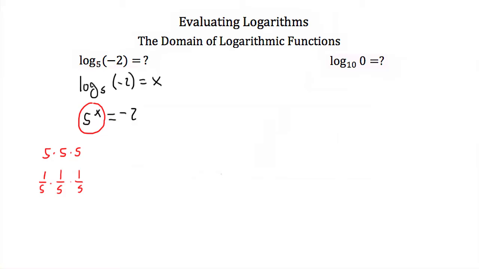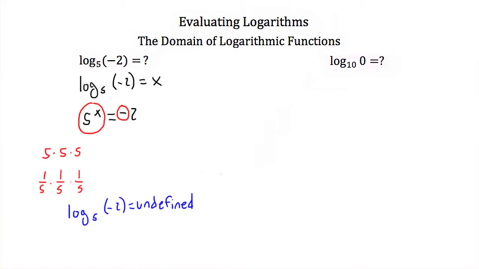Because we're always multiplying a positive number by a positive number, there's no way that we can get a negative number out of this. There is no value of x that can give us a negative 2. That means that the log base 5 of negative 2 is undefined.